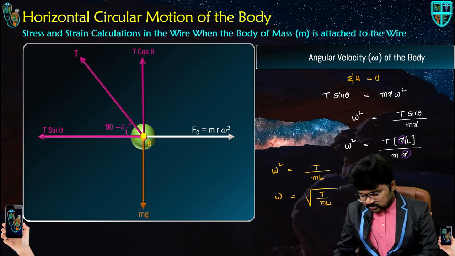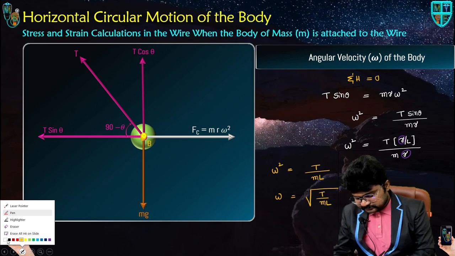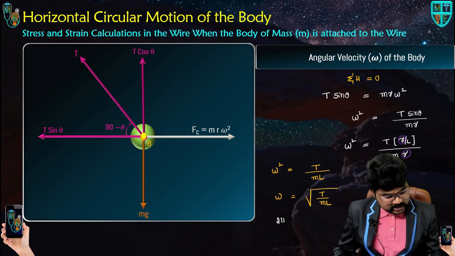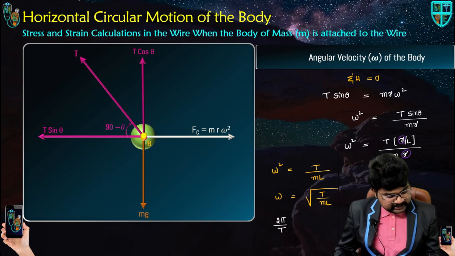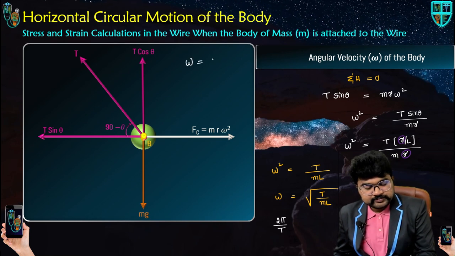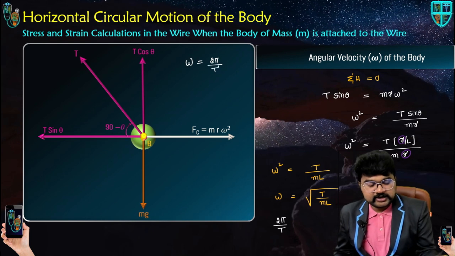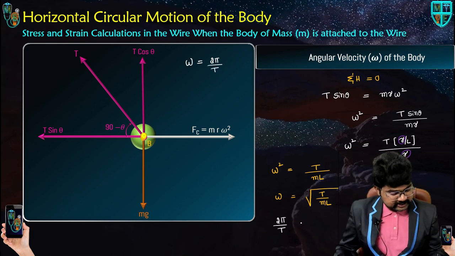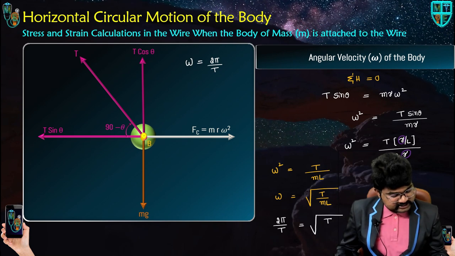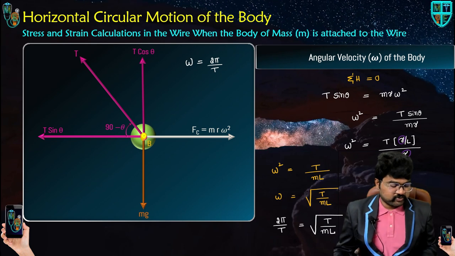Once you know the angular velocity, you can calculate the time period. We know omega equals 2 pi by t, where t is the time period of the circular motion. So square root of T, the tension in the string, mass of the body and length of the wire.